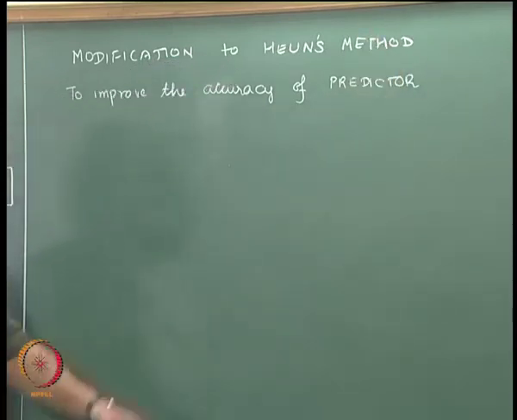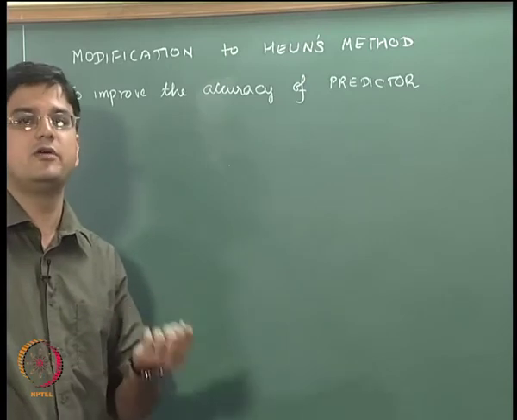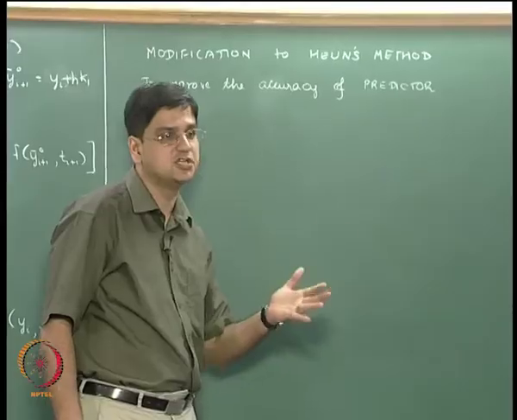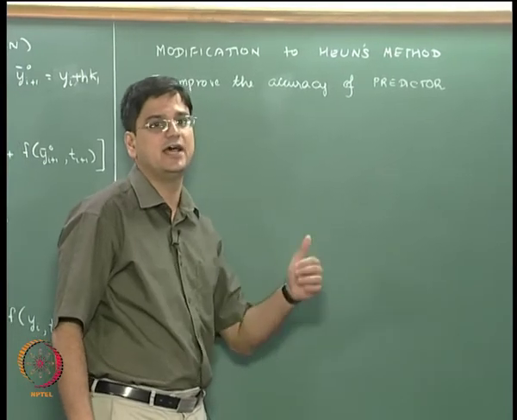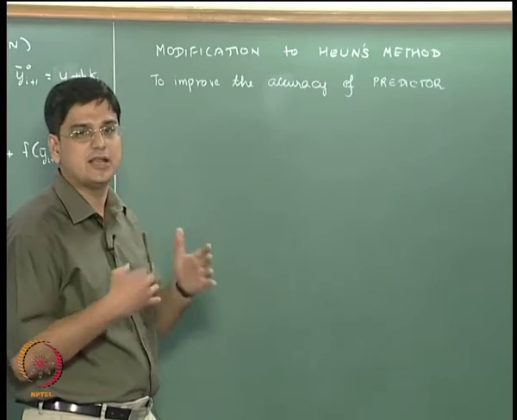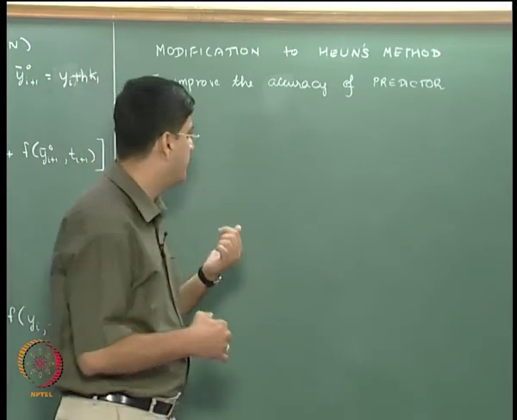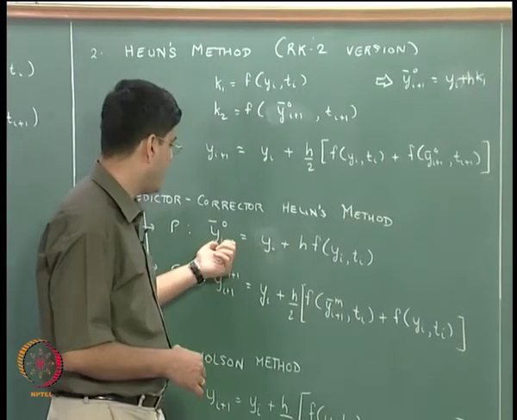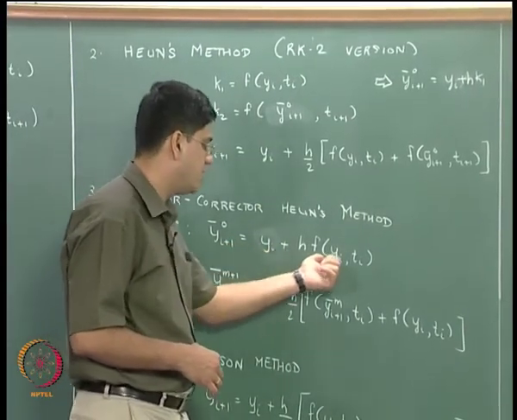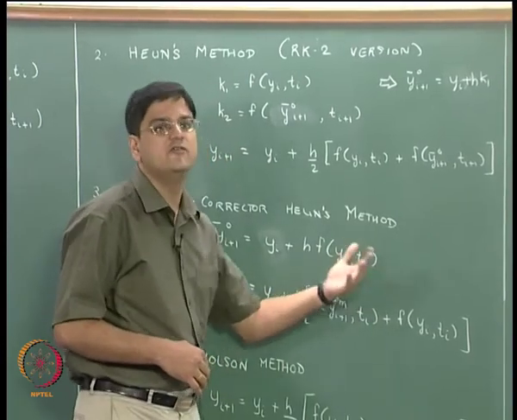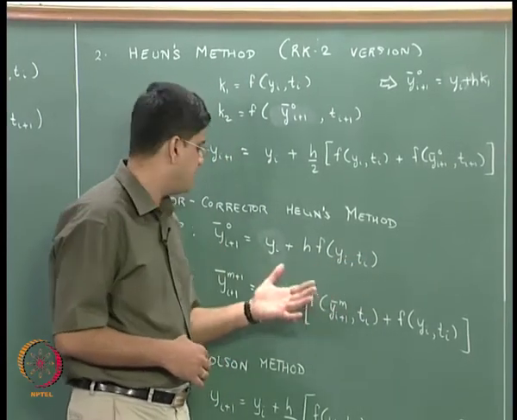Okay. In this case we will recall our result that the central difference formula during numerical differentiation was more accurate than the forward difference formula. Using parallel arguments, we will convert this particular formula, yi0 equal to yi plus h multiplied by f of yi comma ti, into a slightly better formula.